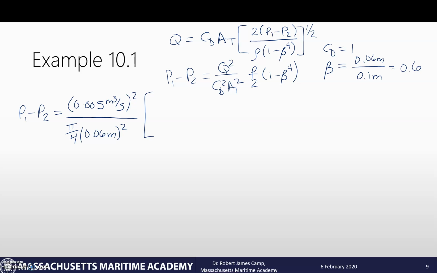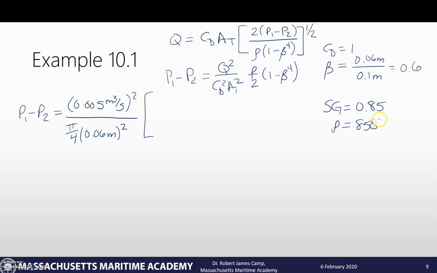If we look in the problem, it doesn't give us a density, but does give us a specific gravity of 0.85. How do I find density? Well, specific gravity is the density of the fluid divided by the density of water at 4 degrees C. Density of water at 4 degrees C is 1,000 kilograms per cubic meter.